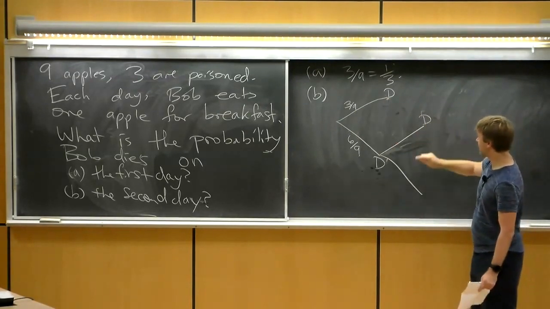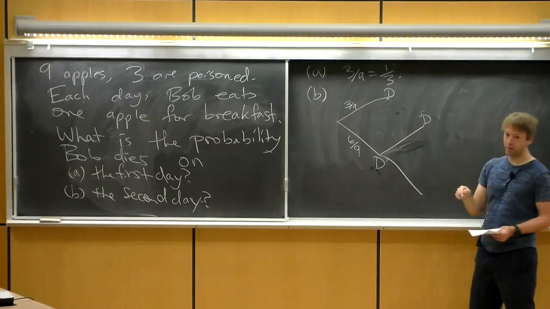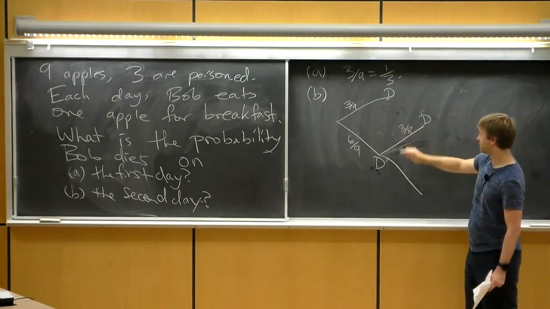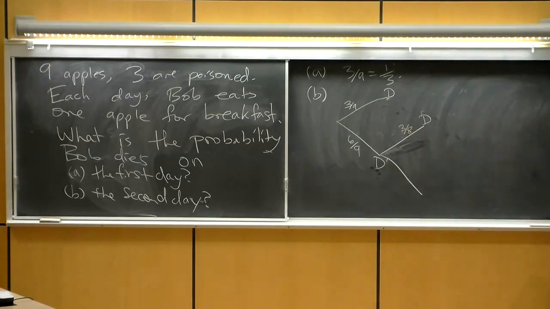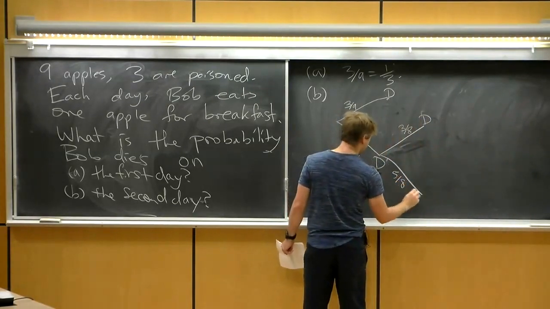And in this case, if he doesn't die, then you've still got 3 poison apples, right? And you've got 8 in total. So you should have a 3 over 8 chance of dying on the second day, if you've survived the first day, and then a 5/8 chance of surviving.